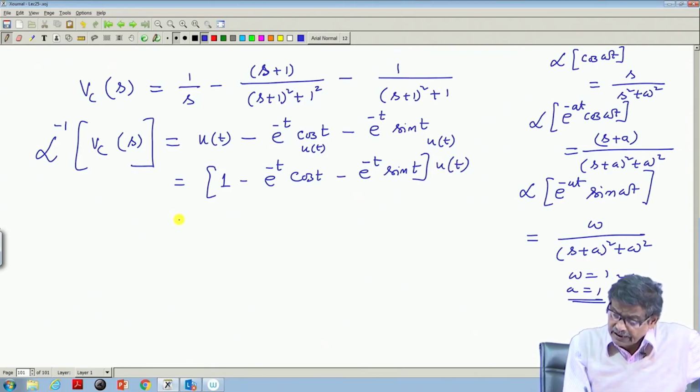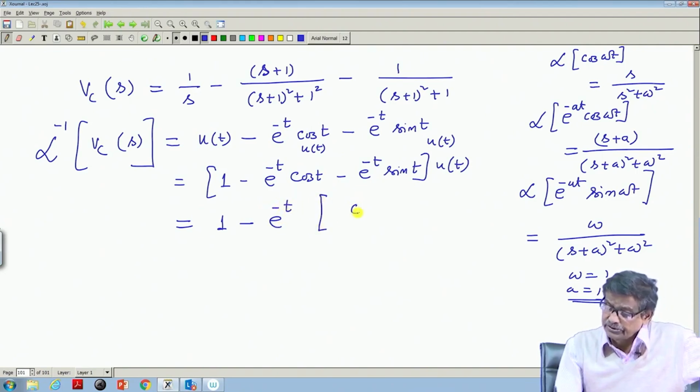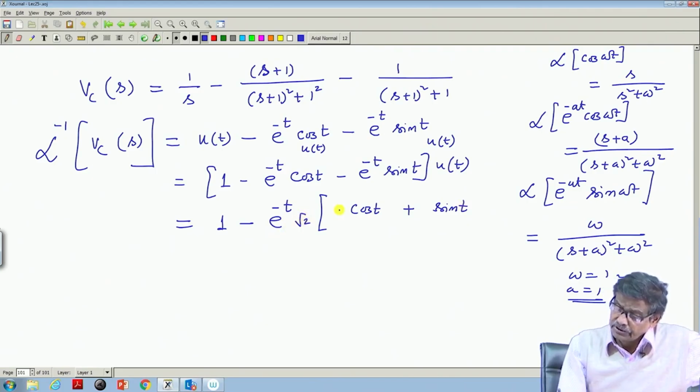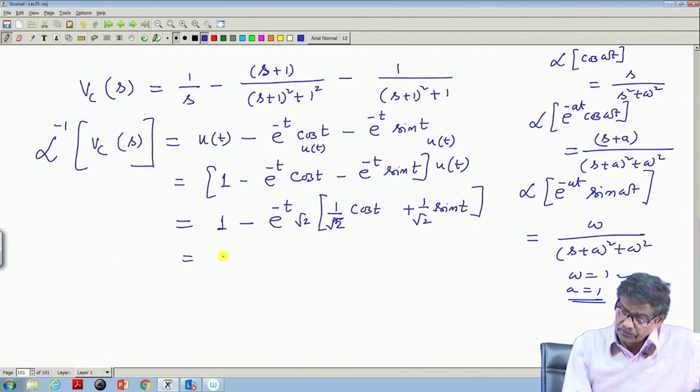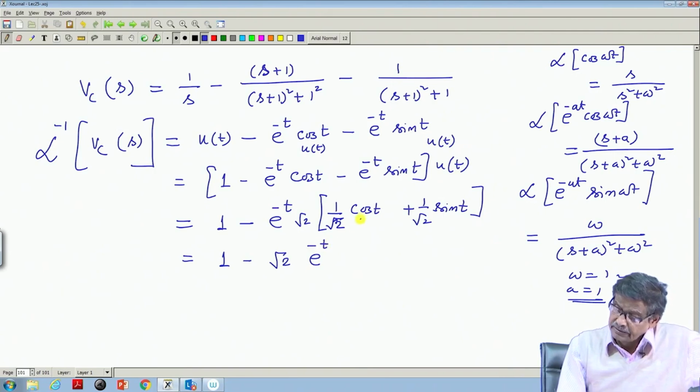If you wish, this can be further simplified as 1 minus e to the power minus t taken common, and this is cos t plus sin t, and then multiply with root 2, divide by root 2, and then this will be equal to 1 minus root 2 into e to the power minus t cos of (t minus pi by 4).